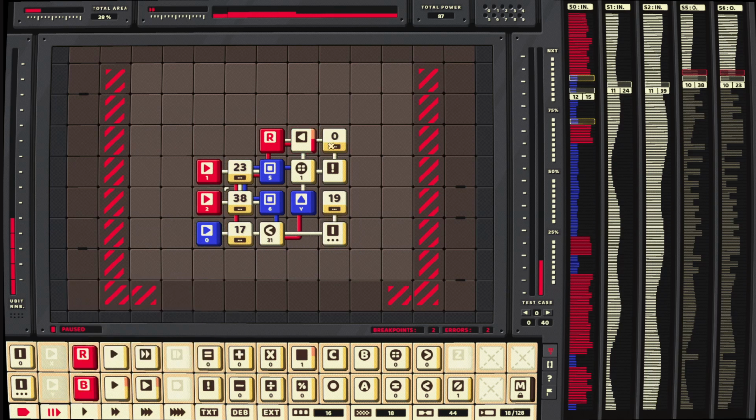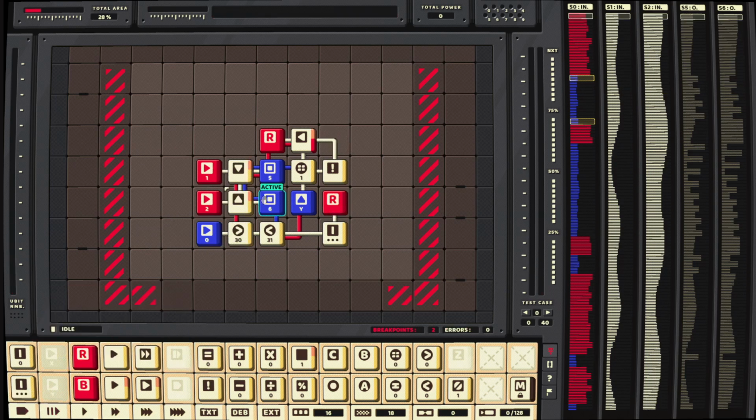I need the tester here. So I need it to be happening at the same time that this is happening. And that's apparently while this bit is here. So put the tester there and wire it up.